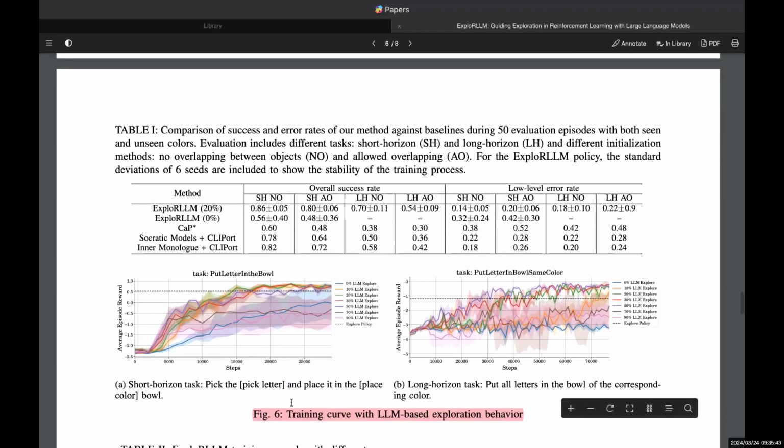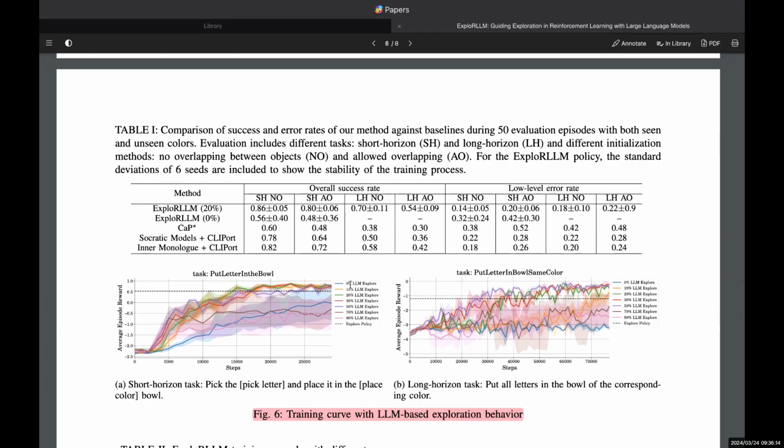So let's look at figure 6, the training curve with large language model-based exploration behaviors. For the short horizon task, we can observe that the dashed line, which is the LLM-based explore policy, obtains a very good performance with zero shot.